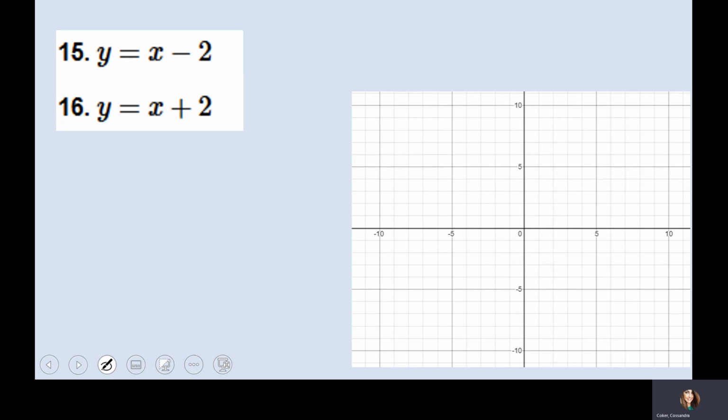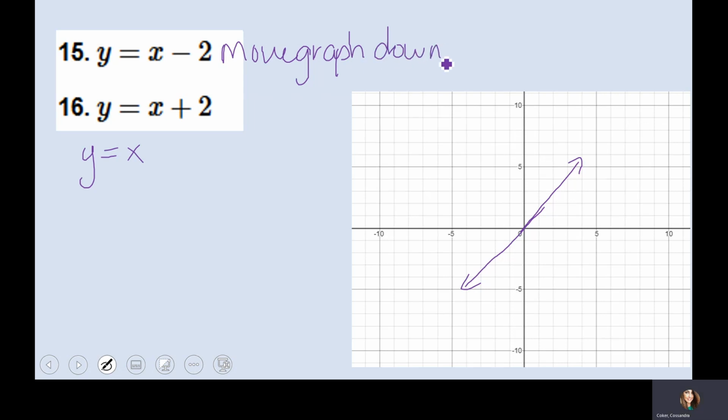All right, same case here. Let's graph. What do you think your parent function would be in this case? Here our parent function is going to be y equals x squared, which travels through the origin. And this is going to move your graph down 2 units.